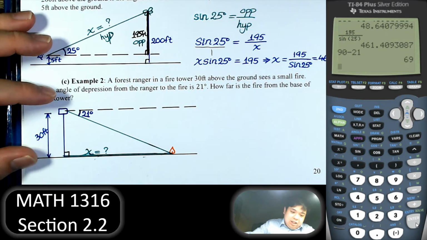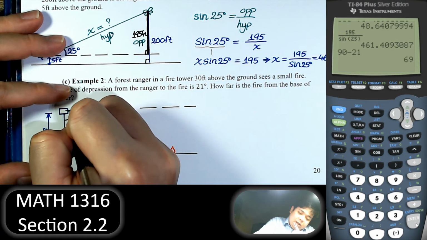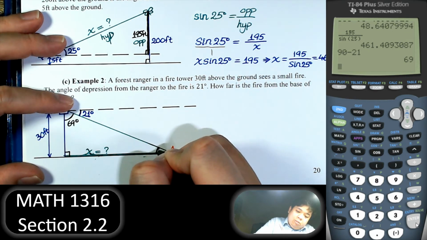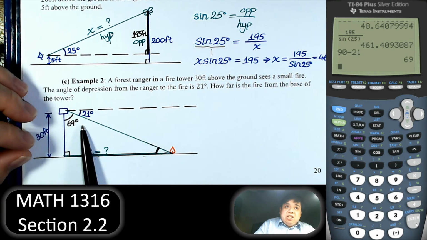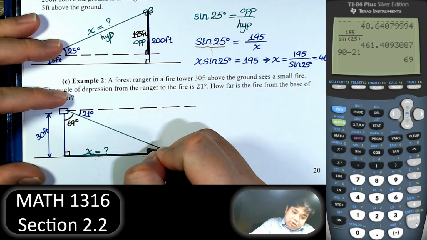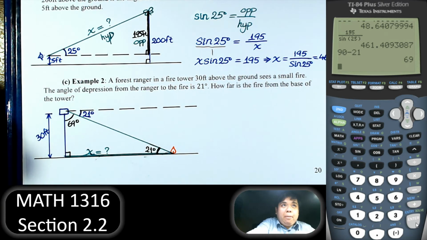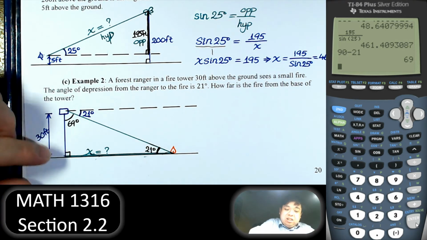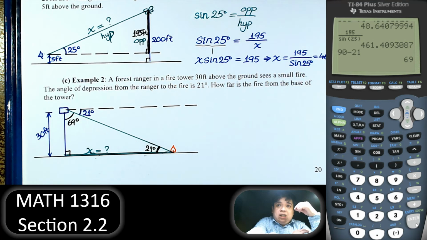So we can see that this is 69 degrees. Also, this angle and that angle are alternate interior angles, so this is also 21 degrees. We know those two angles and can use either one of them. Let's use 21 degrees because that is given, and those two are equal because they are alternate interior angles.